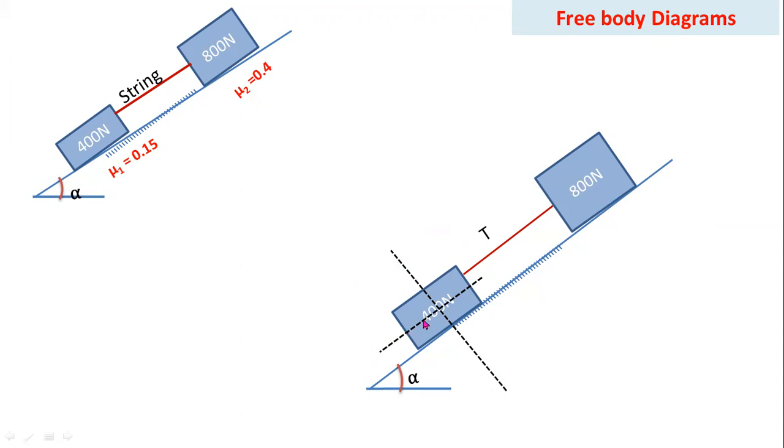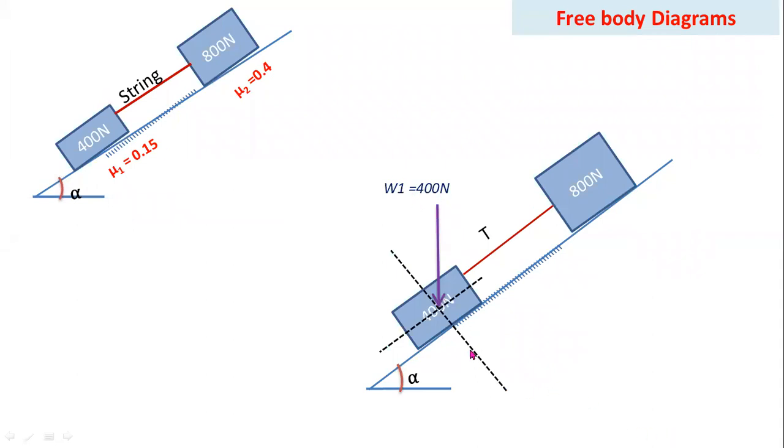This line is parallel to the inclined plane, this line is normal to the inclined plane. Now you have to consider self weight 400 newtons vertically downwards. Already we know that the self weight of any body acts vertically downwards, so W1 equal to 400 newtons.